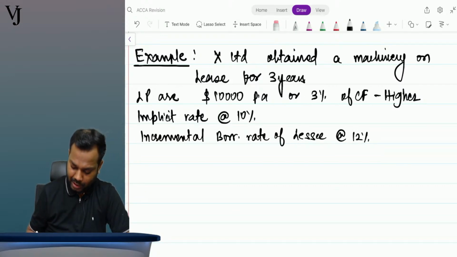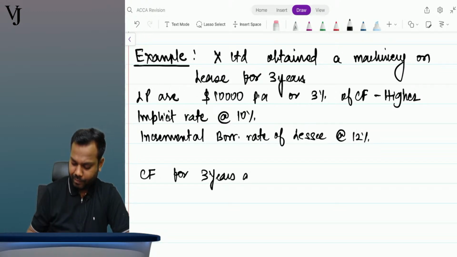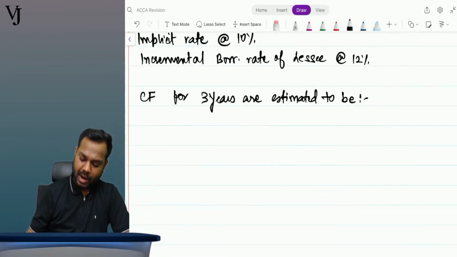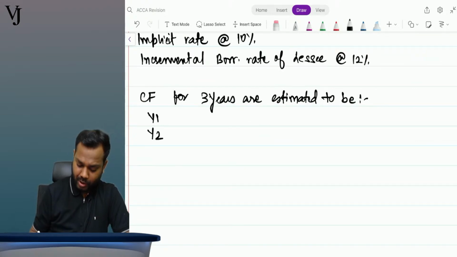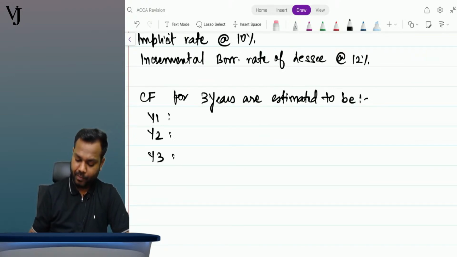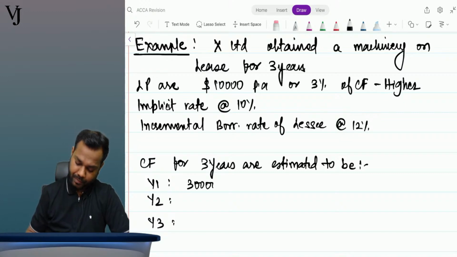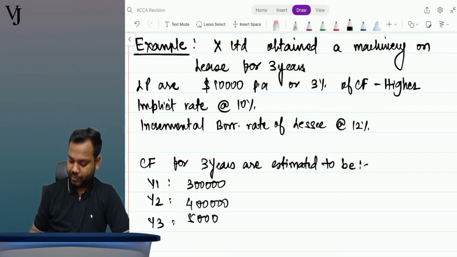Now the cash flows for 3 years are estimated to be, year 1, year 2, year 3: $300,000, $400,000 and $500,000.